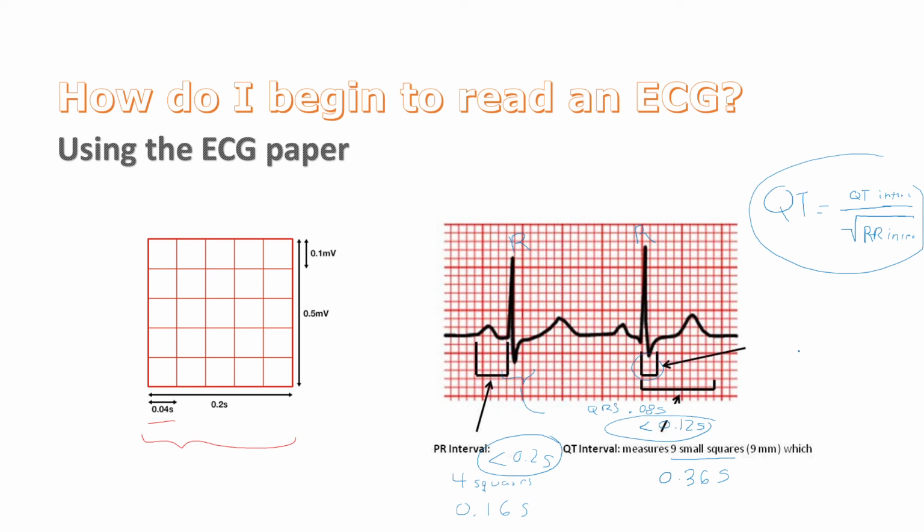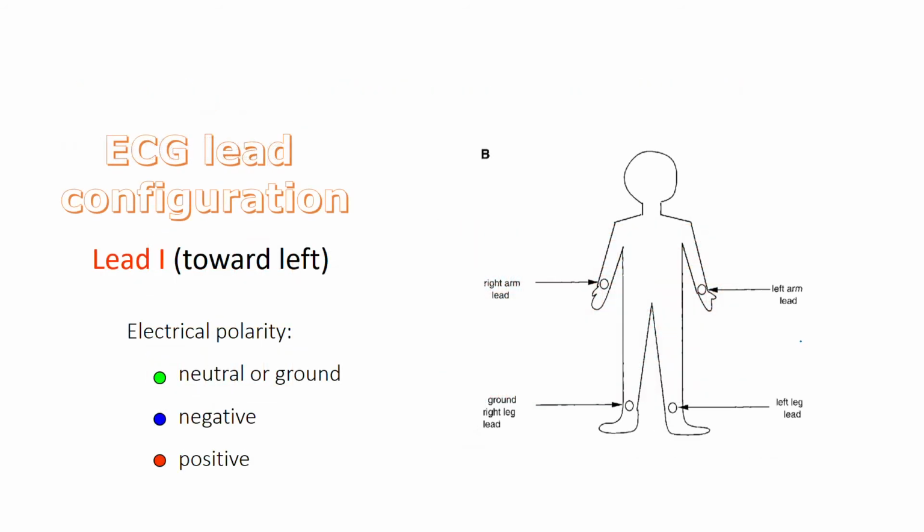Okay, so now let me introduce how to place electrodes, or the lead configuration, during an ECG. As I told you before, an ECG is a recording of the variations in voltage that are produced by depolarization and repolarization of the muscles of the heart. Remember the myocardium.